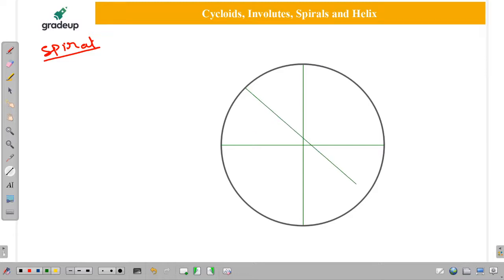I am not considering a plane. Let us consider this is a line which is rolling over a circle. The various positions are shown here.